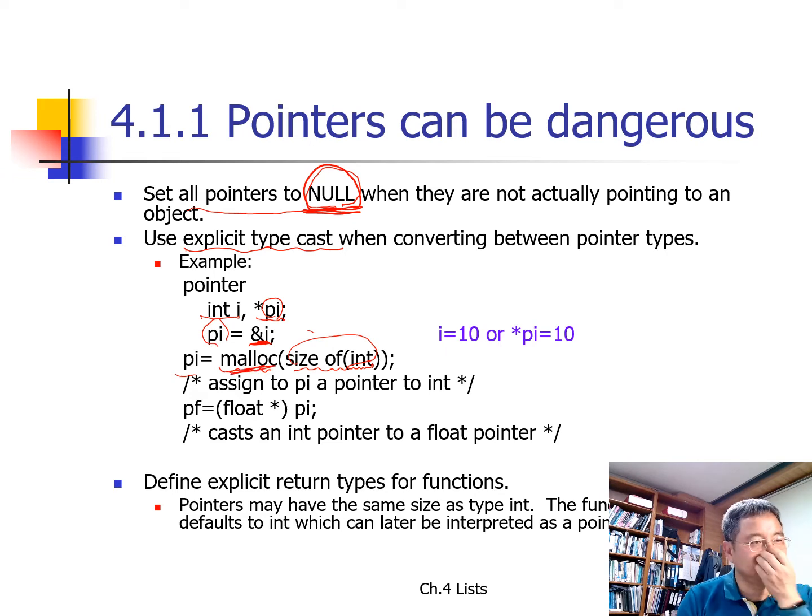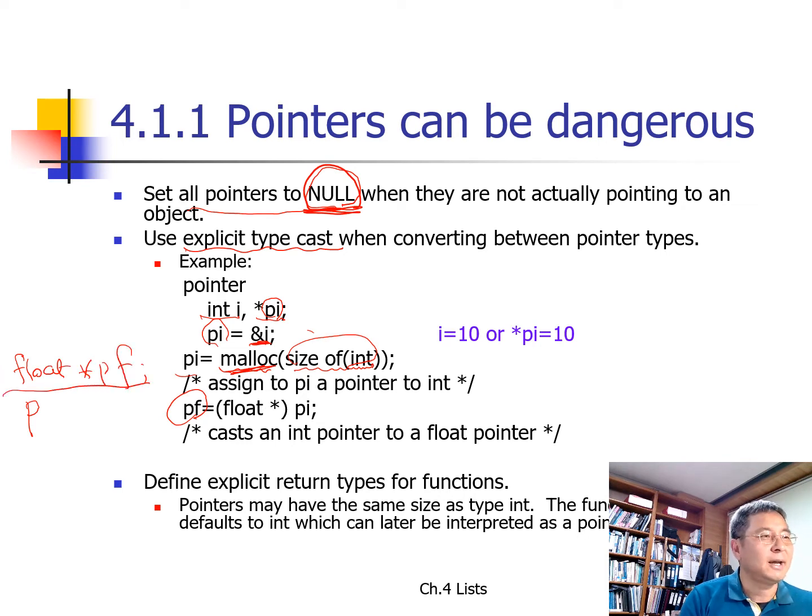After that, pf is a pointer of float. The asterisk pf will be declared here, and pf can be assigned the pi value. Of course, the pi value includes the address of i, but we must cast. This is called a type cast.